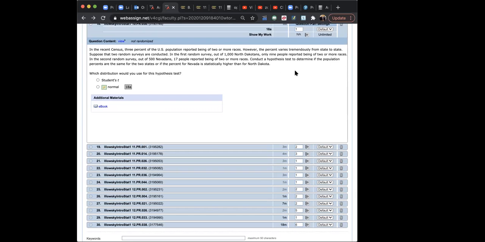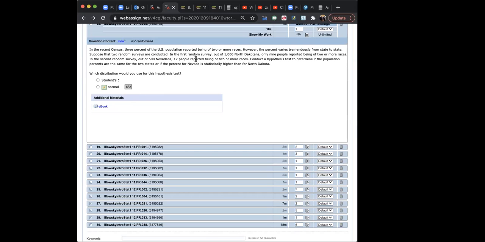Conduct a hypothesis test to determine if the population percents are the same, or if the percent for Nevada is statistically higher than for North Dakota. And the question is, which distribution would you use for the hypothesis test? Well, here you have 2 choices, Student's t or the normal.